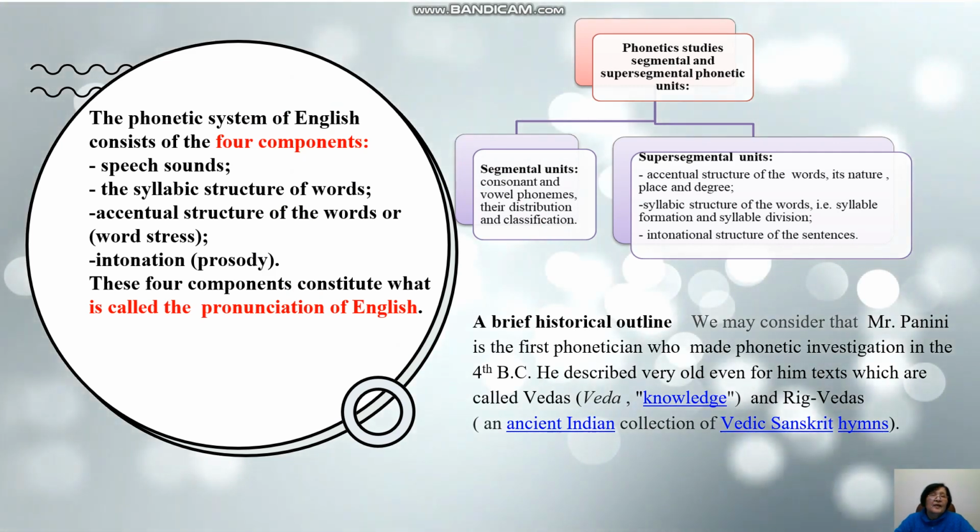Now, let's revise. Phonetics studies segmental and suprasegmental phonetic units. Do you remember? Segmental units: consonant and vowel phonemes, their distribution and classification. Suprasegmental units: accentual structure of the words, its nature, place, and degree; syllabic structure of words, syllabic formation and syllabic division; intonational structure of the sentences.